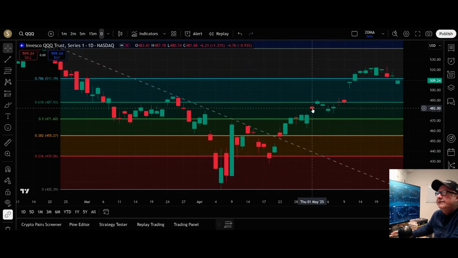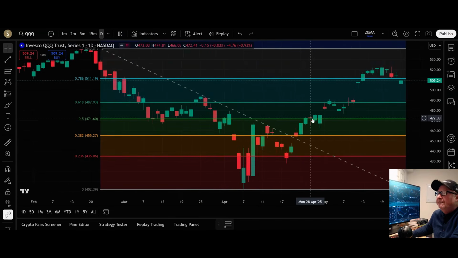So if you're looking for a move intraday, or you have a move intraday and you're looking to see where the Qs may go, and you don't have a good support area or a good resistance area, you can use these retracement numbers.